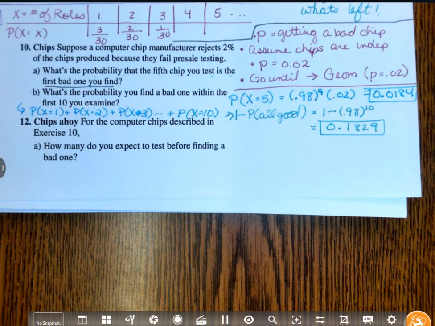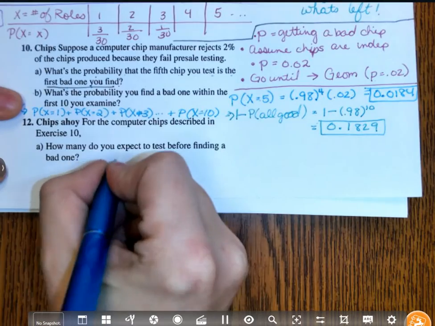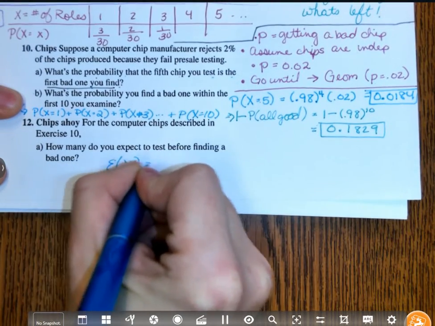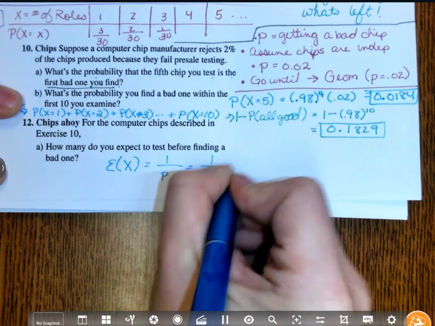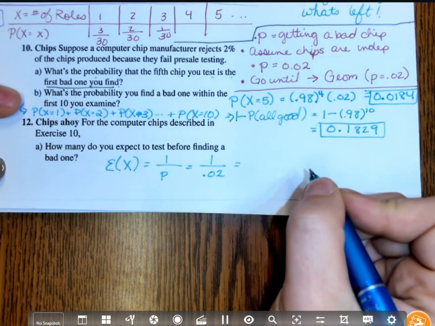How many do you expect to test before finding a bad one? How do you do that? Beautiful. That's it. So this is the expected value. It's 1 over p, so 1 over 0.02. And what does that give you in math?